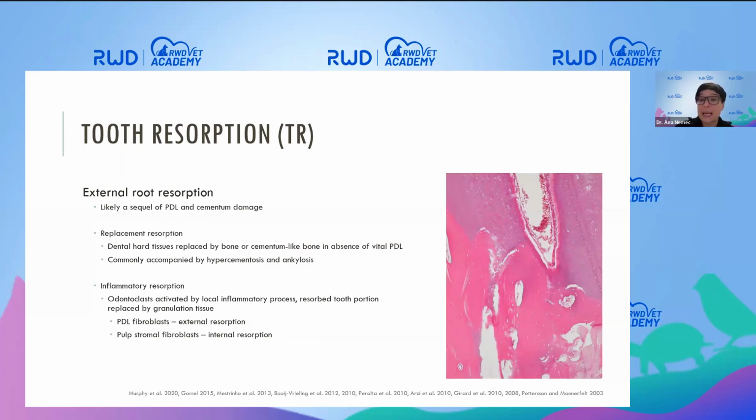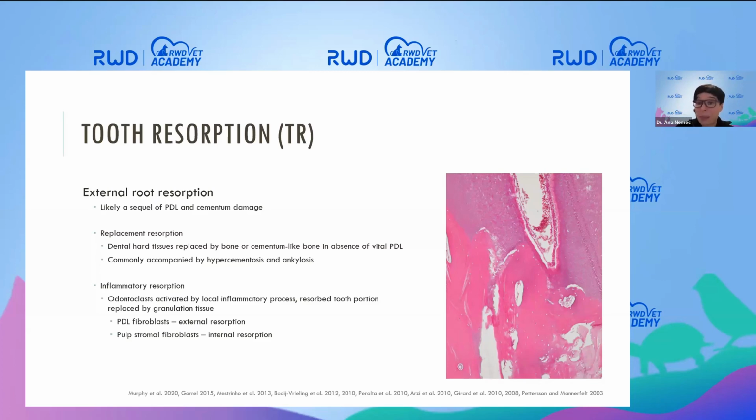And in this case, odontoclasts derive from the pulp. On the other hand, what we are mostly referring to as tooth resorption, as we will talk about today, is external root resorption. And in this case, odontoclasts are activated within the periodontal ligament.